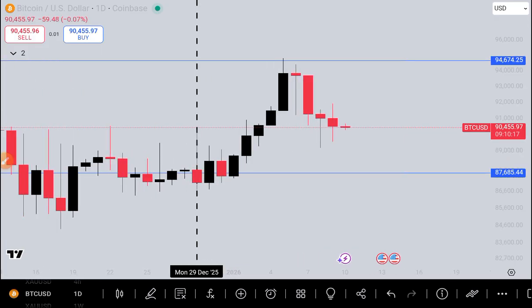If you followed our class on bias, I clearly explained that if price breaks the high or the low of the previous day, or week or anything, but I prefer to use the daily chart, and closes above it, what do we call that?